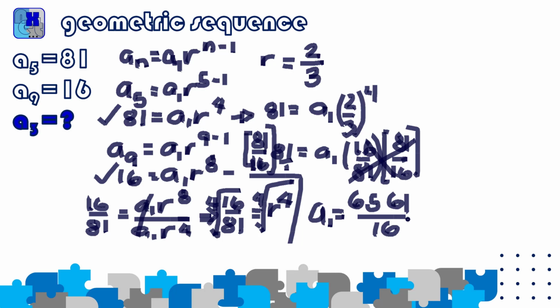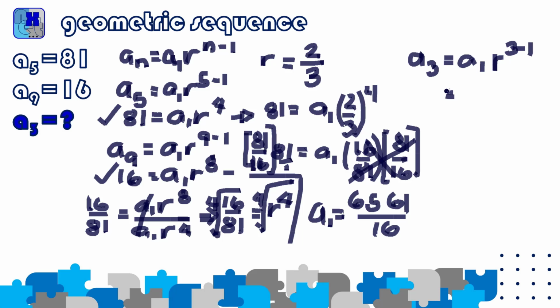We now have this together with the common ratio. We are not actually asked to solve for this, but we need these two to solve for our intended value, a sub 3, or the third element. This is a result of a sub 1 times r to the power of 3 minus 1.